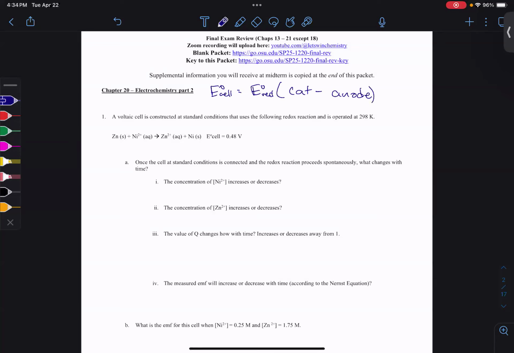We take them straight from the reduction potential table as is, as long as you correctly identify what your cathode and anode are. That's a straightforward subtraction, and what you're calculating is the cell potential if you make that battery at standard conditions. But if the concentrations of your battery are not at standard conditions, you have to use the Nernst equation. So let's look at this reaction.